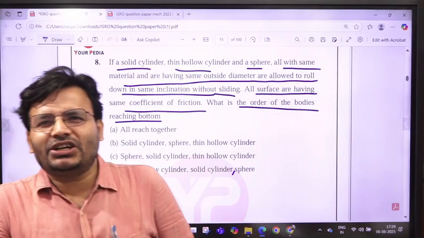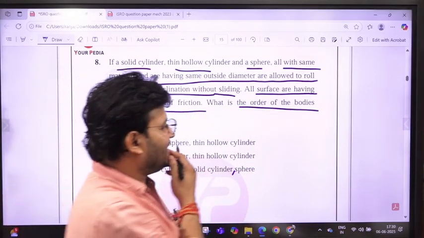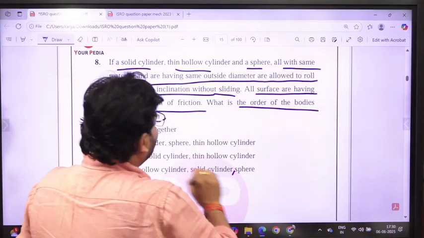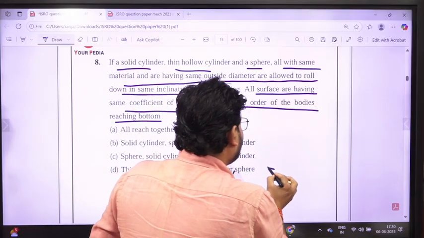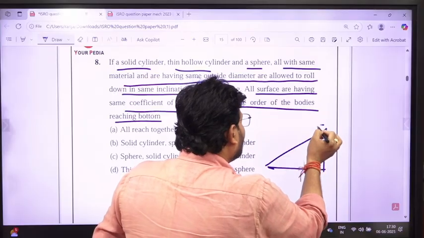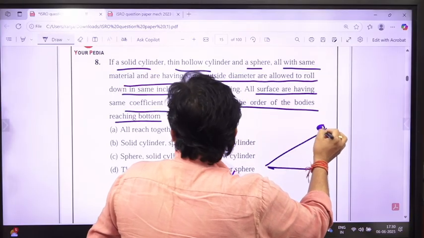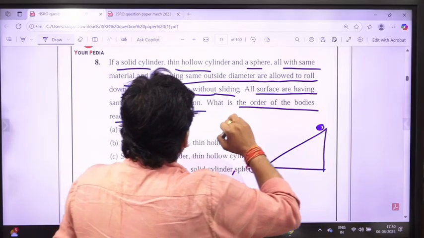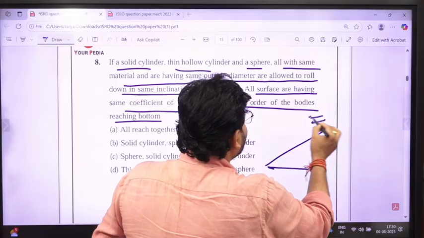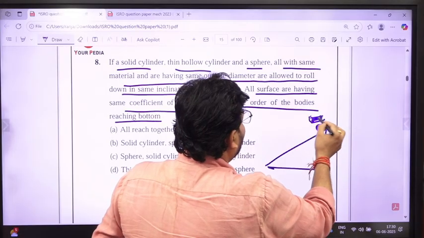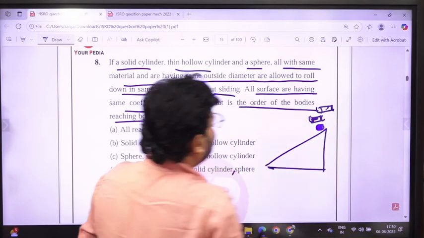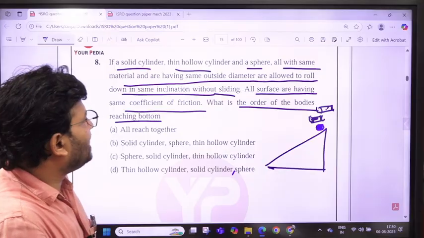So just think about the question first and start thinking. Suppose this is the incline, and here are three things: a solid cylinder, a thin hollow cylinder, and a sphere, having the same outside diameter, allowed to roll.